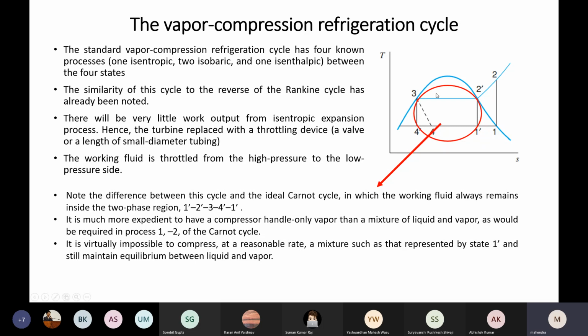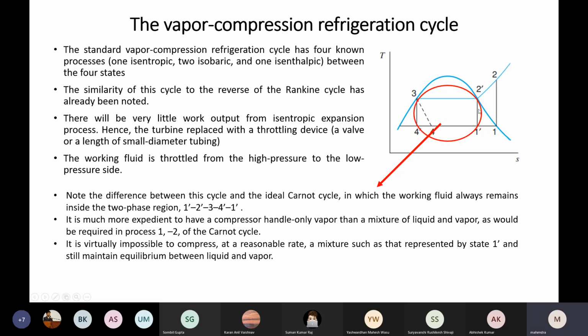In a similar way here also, see, what is this process over here? This is the condensation process, this is the throttling process, and this is the evaporation process in the evaporator. Suppose we are assuming 1 dash, 2 dash with your compressor, then the compressor has to compress two phases, partially vapor and partially liquid.